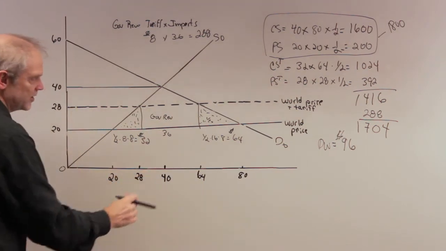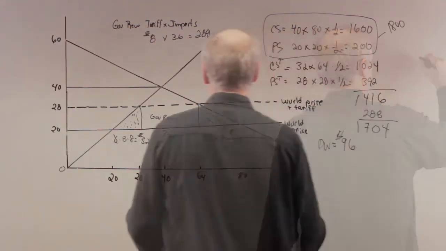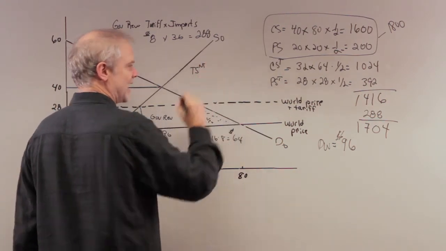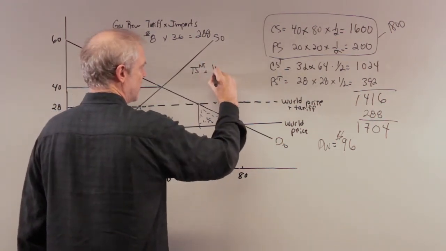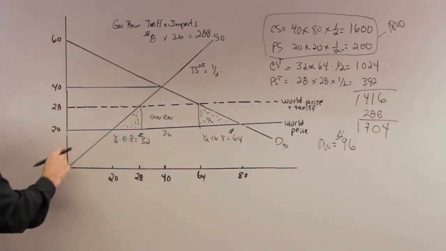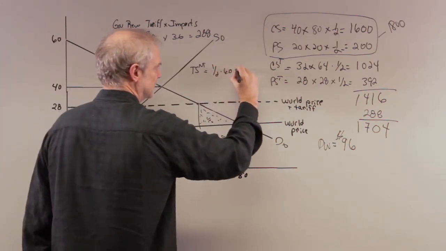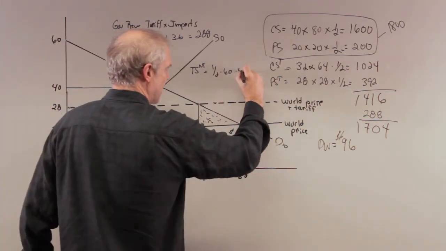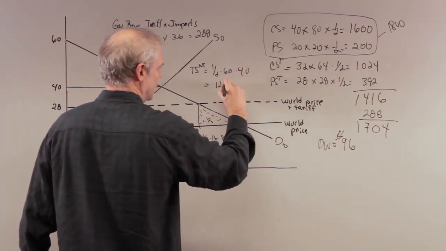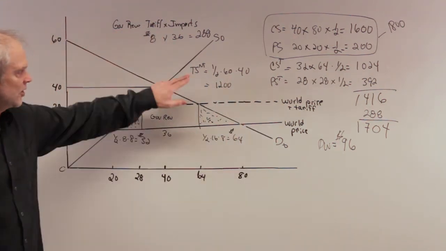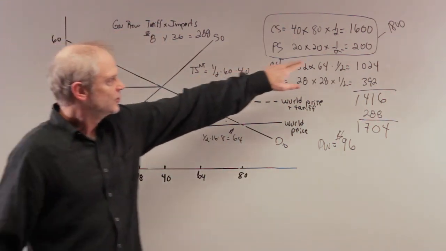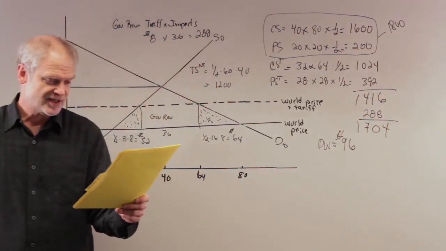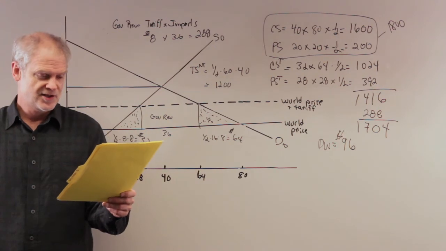And that's going to be 40 units. So total surplus, no trade, NT for no trade, is equal to 1/2 times 60 times 40, which is that distance right there, which is equal to 1,200. All right. So total surplus, no trade is 1,200. Total surplus with trade, 1,800. That's a difference of 600. There's your answer B, 600.